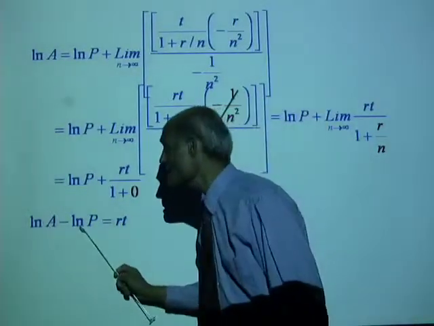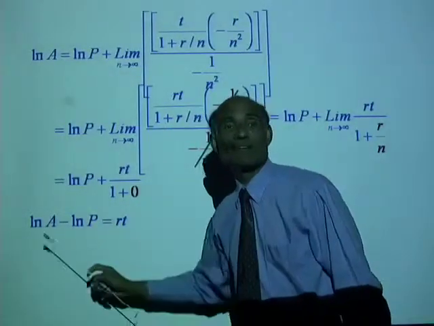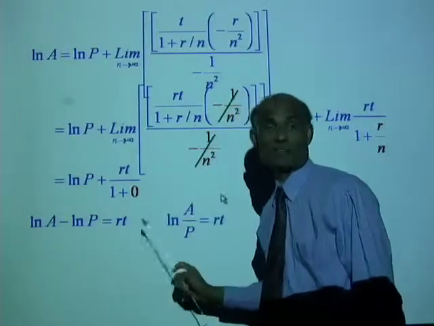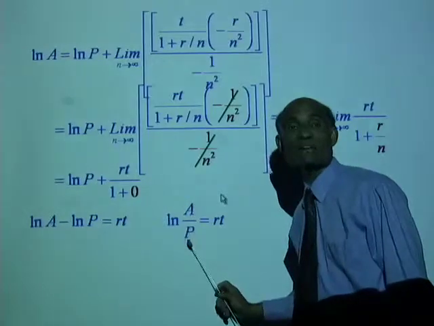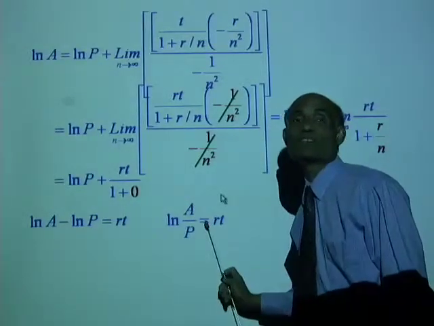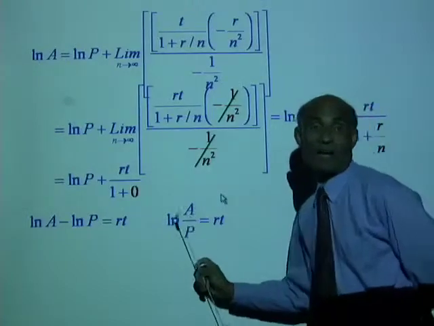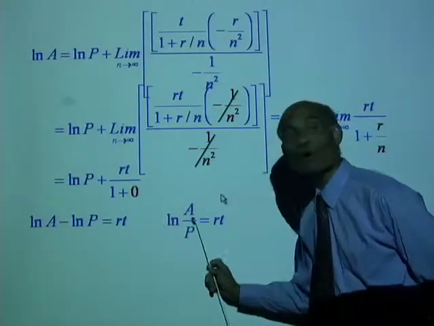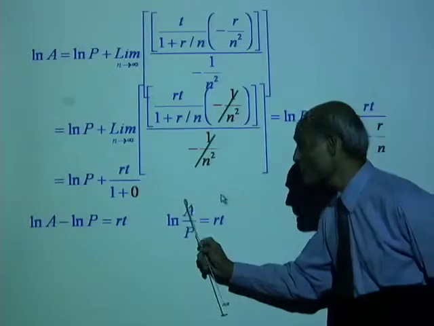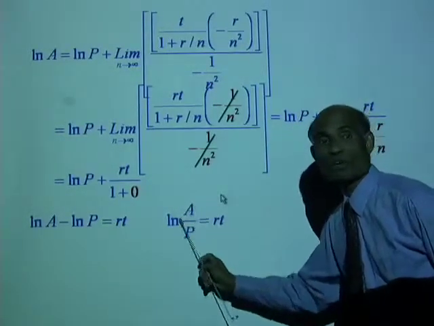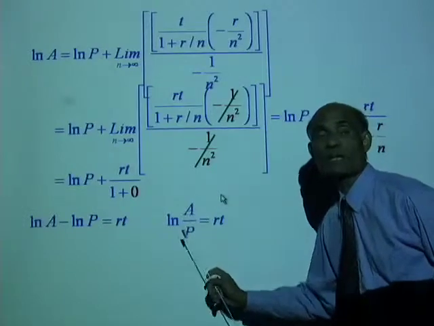Alright, what's ln A minus ln P? ln of A divided by P. There you go. ln of A divided by P is RT. And now change the ln form to exponential form. If ln of A over P equal to RT, what is A over P?